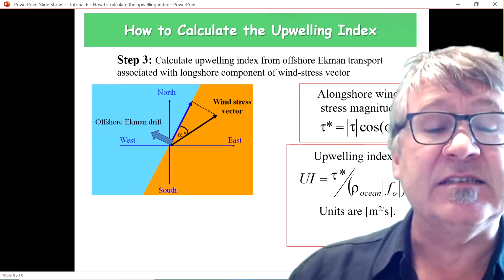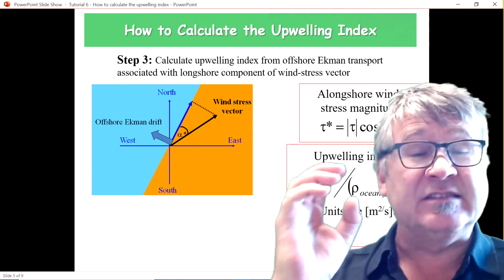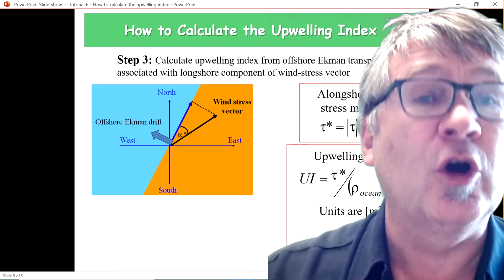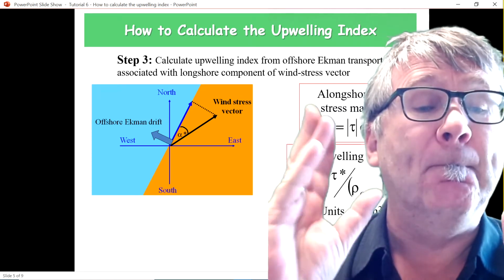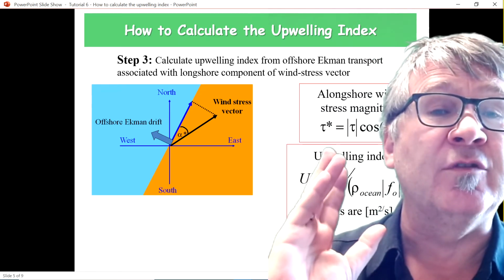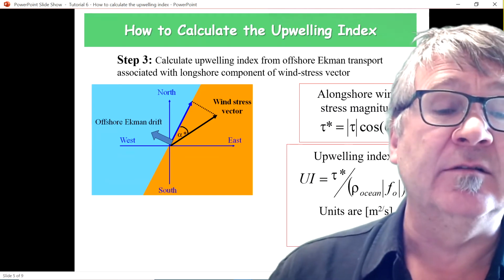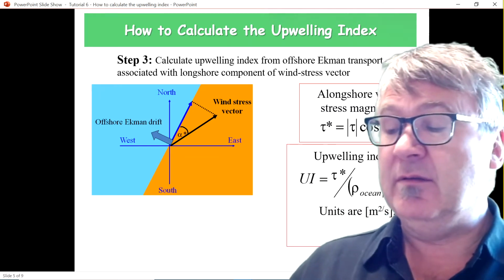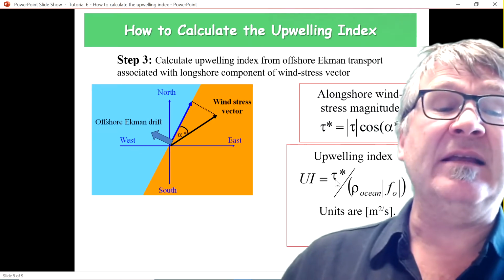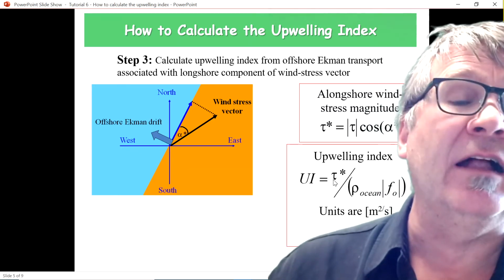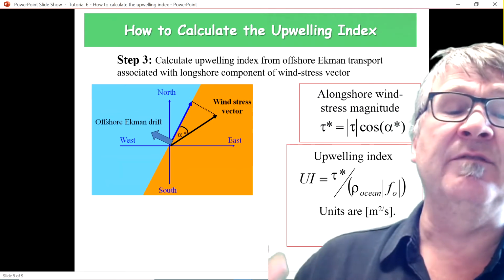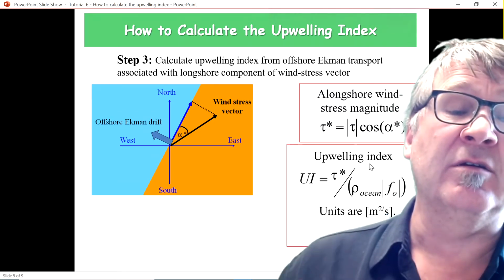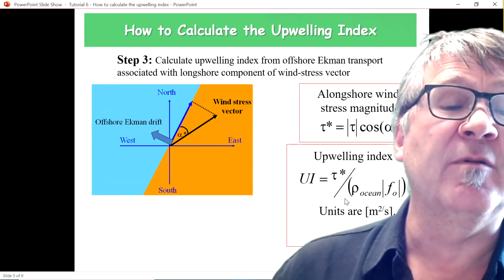The upwelling index is directional, and it's very similar to the total Ekman transport, but it is modified through the cosine of this relative angle. So you have the wind stress magnitude in this formula, times cosine of alpha star, and then divided by rho, the seawater density, a constant value, and the Coriolis parameter.